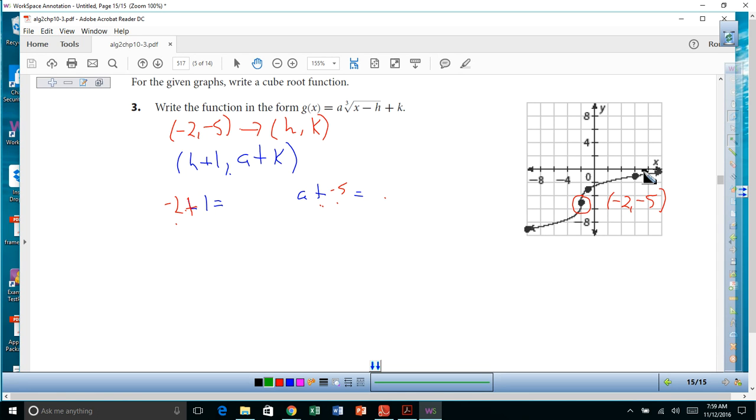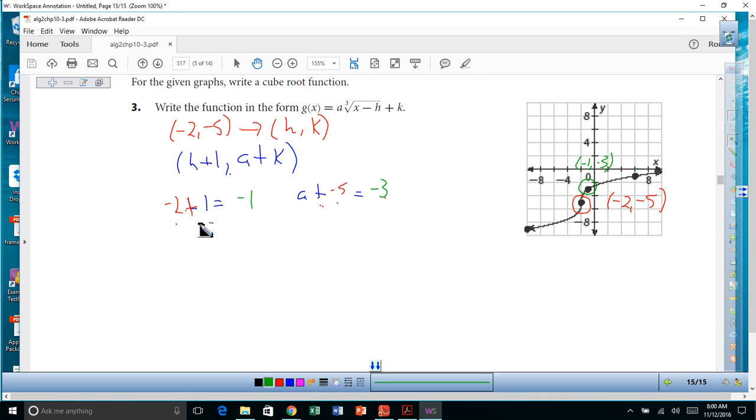Now, we were supposed to pick a separate point, so let's use that point right there. What is that point? It's -1, -3. So we'll put a -1 in here, and we'll put a -3 right here, because that's the transformed point.